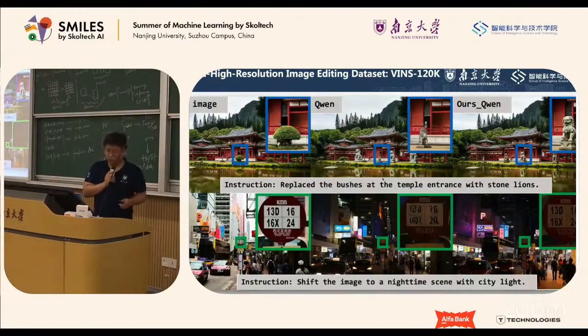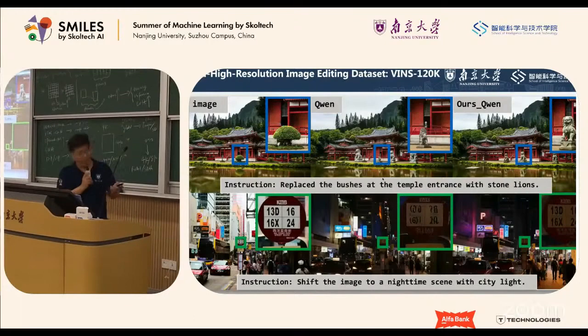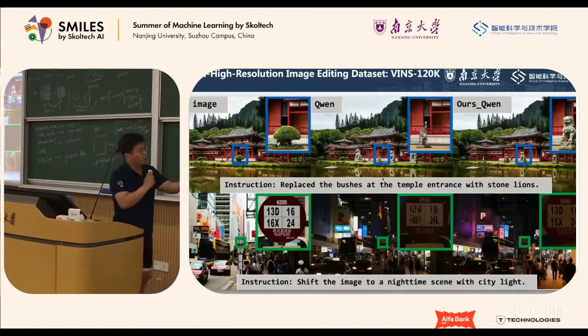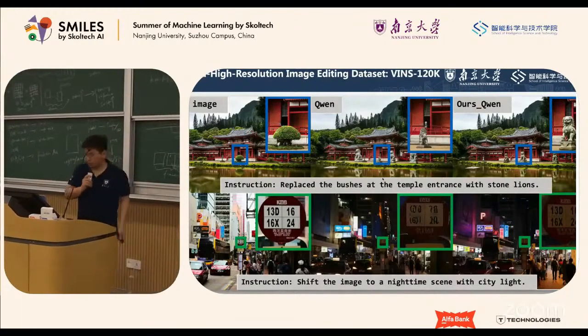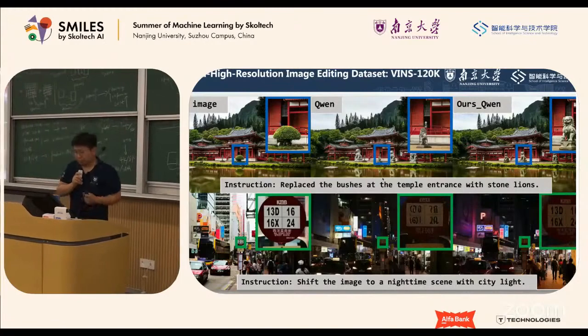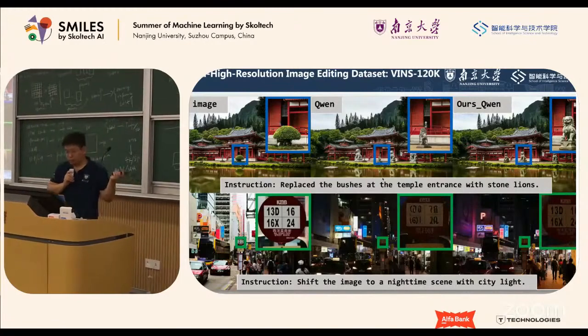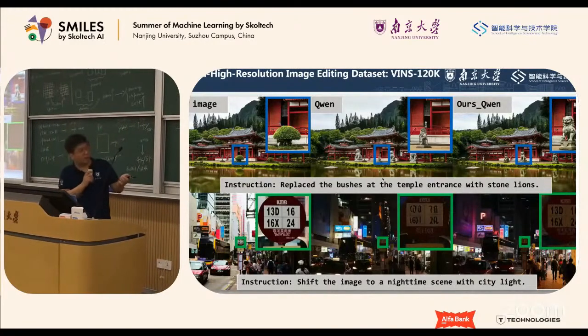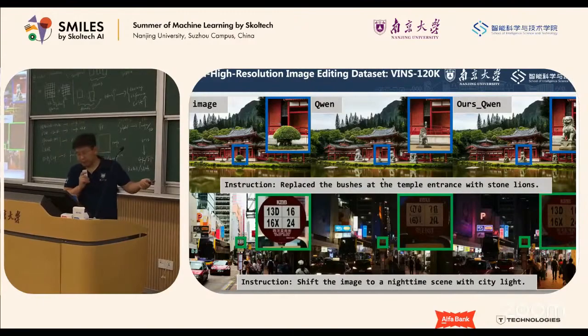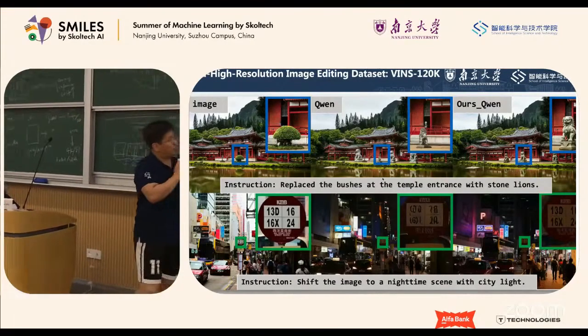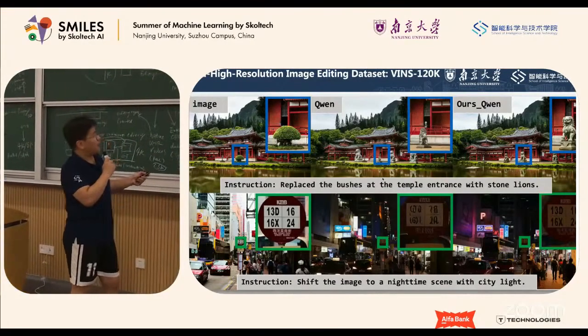Here are some more comparisons showing how adapting the Qwen model from Alibaba with the adapted model trained on our data improves things like object replacement and nighttime scene conversion. The first one is object replacement.